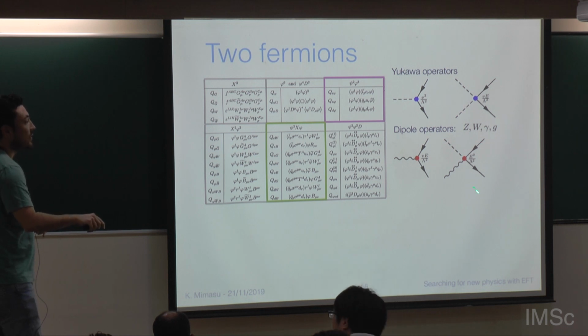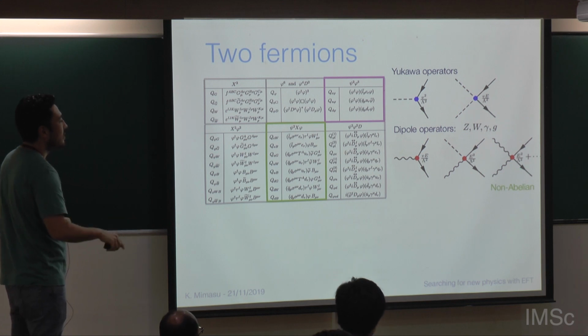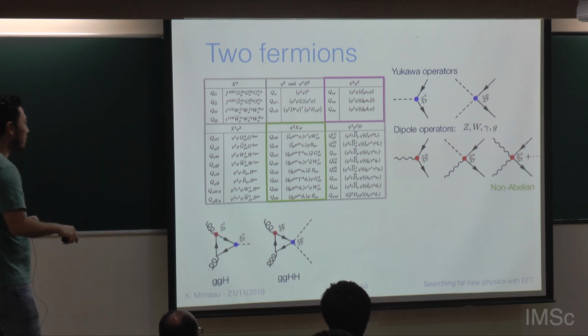These also predict funny contact interactions, and even have this for the non-abelian case, where you have, say, G or W over here. You also have these contact interactions, which give you additional sources of energy growth.